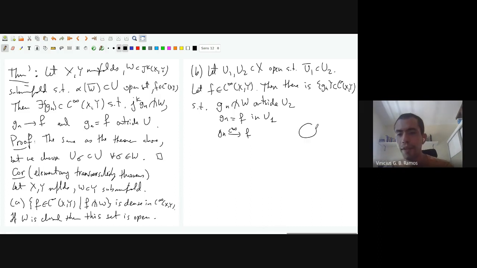So if you have U1 and U2, then you can achieve transversality outside of U2 and at the same time fix F inside of U1.